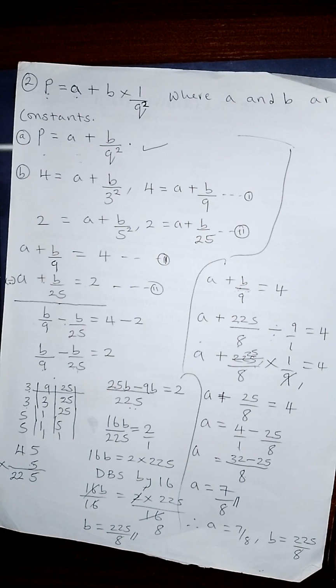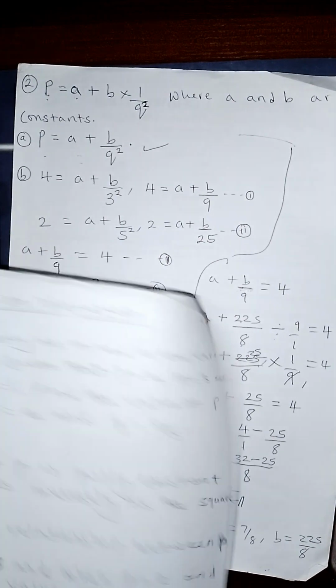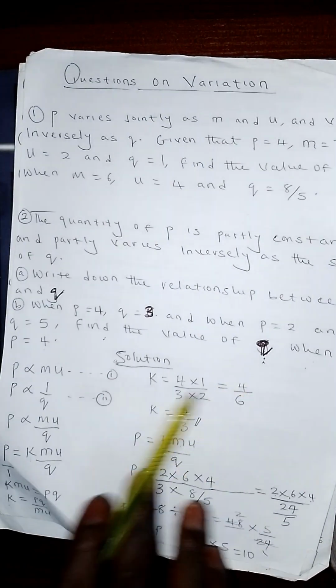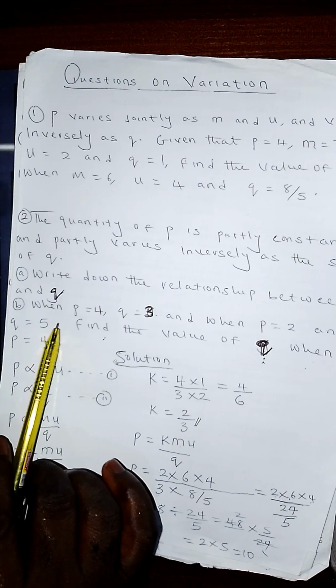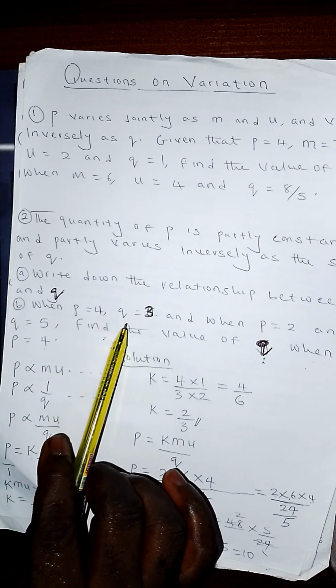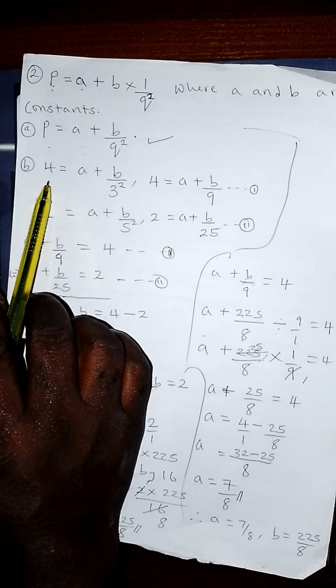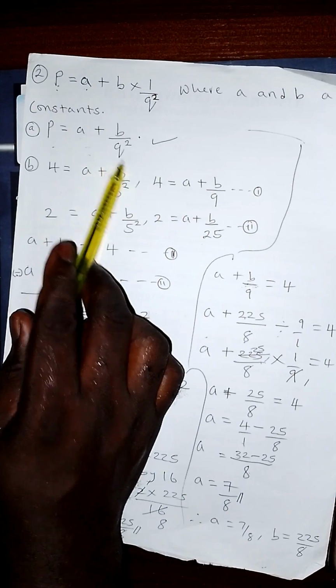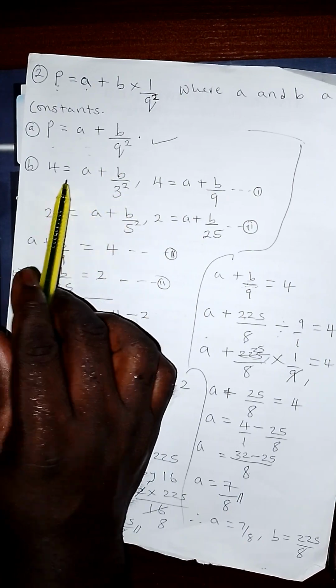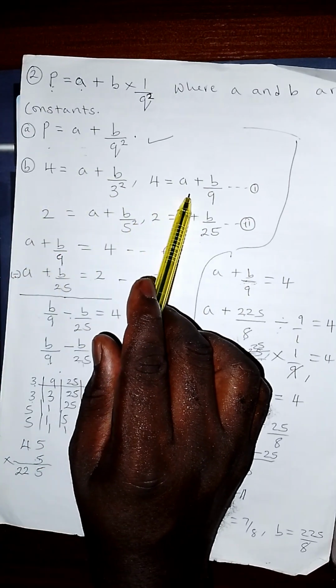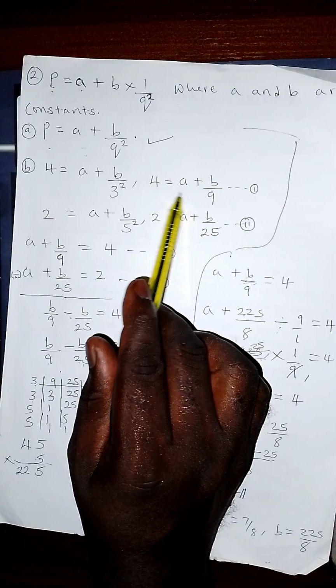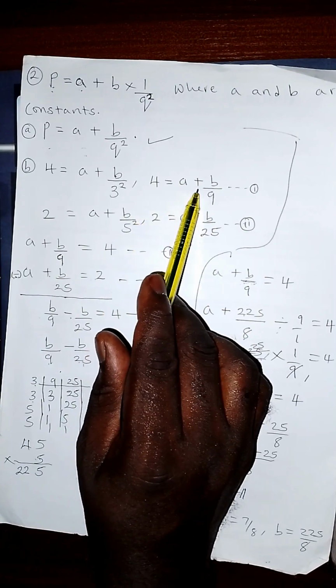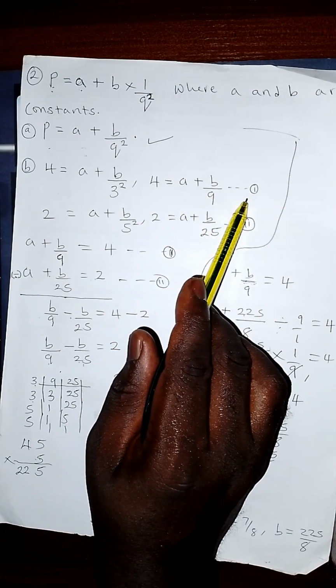So we go to question 2. Question 2 says that when P, let me take it back to you. Look at it here now. Question B says that when P is equals to 4, Q is 3. How do you understand that? When P is equals to 4, then Q is 3. Remember, Q is squared, and so this is a square. And that's exactly equation 1, and that's how I got equation 1 here. 4 is equals to A plus B over 9, equation 1.